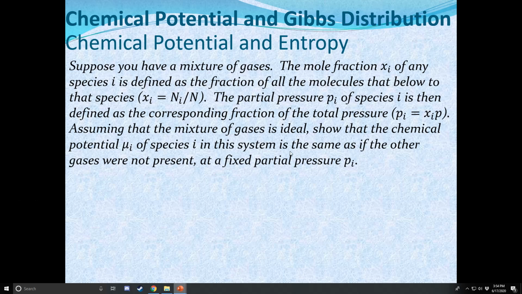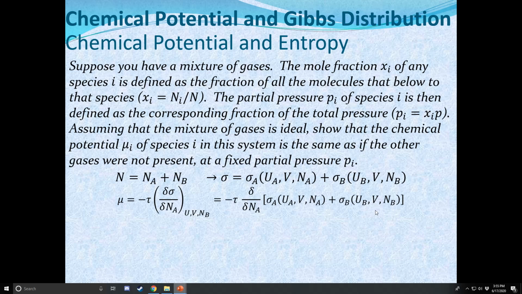All right, so they want us to come up with the chemical potential. We know that the number of molecules is just going to be the sum of the two items. So we're basically assuming there are two species here, and sigma ends up being the sum of the two entropies. So the chemical potential is going to be set up like this, again using the relationship between the entropy and the chemical potential.